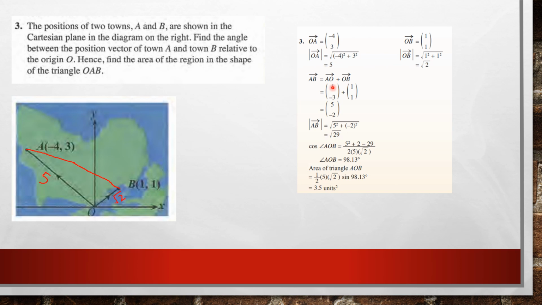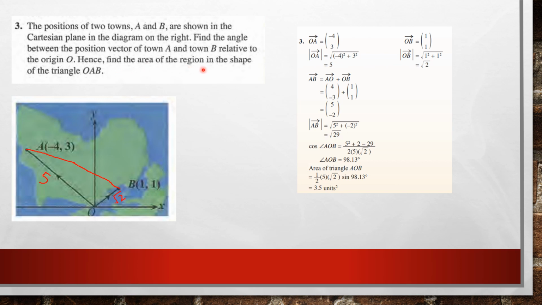OA is negative 4, 3, so AO will be 4, negative 3. Plus 1, 1. So you get AB is 5, negative 2. So you find the magnitude. Magnitude is actually the length of AB. So you get square root 29.